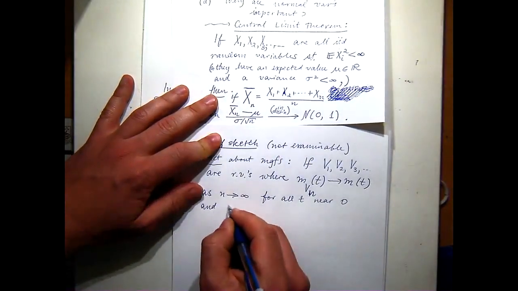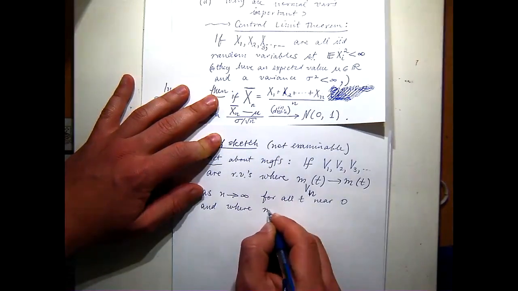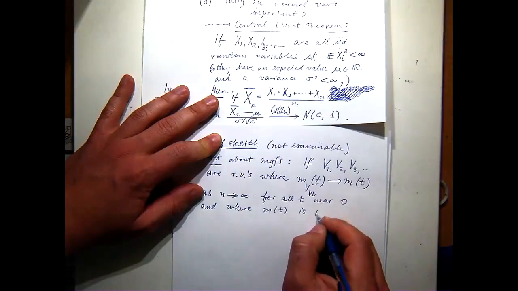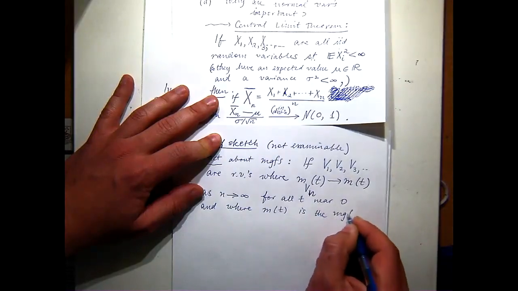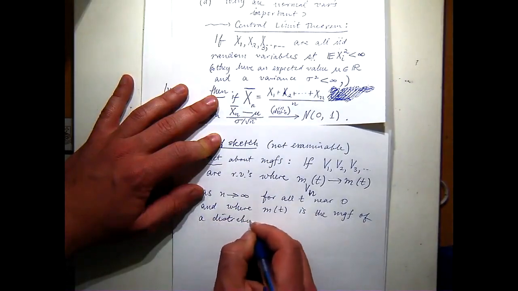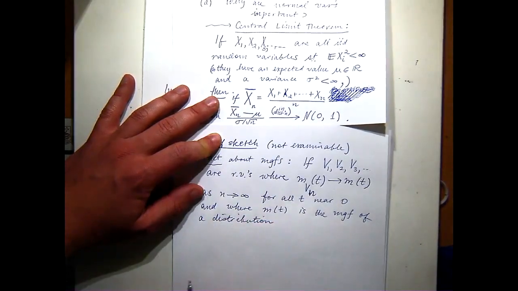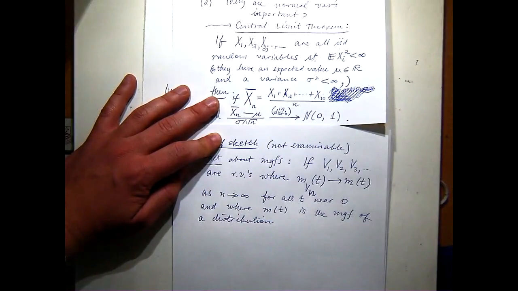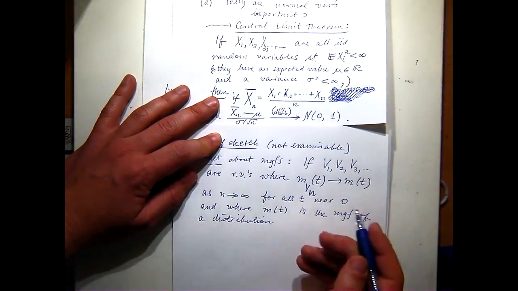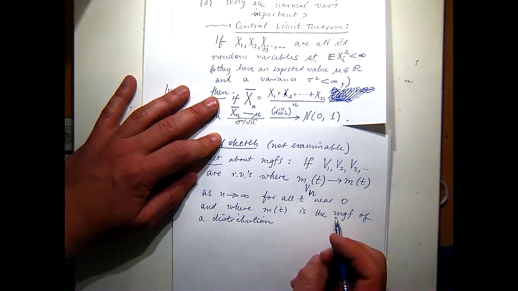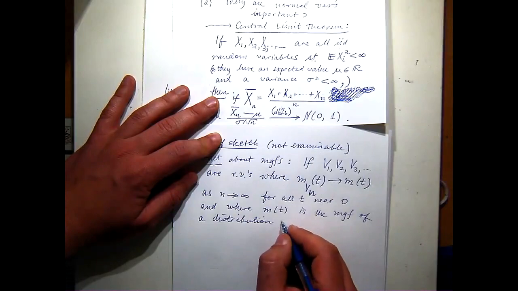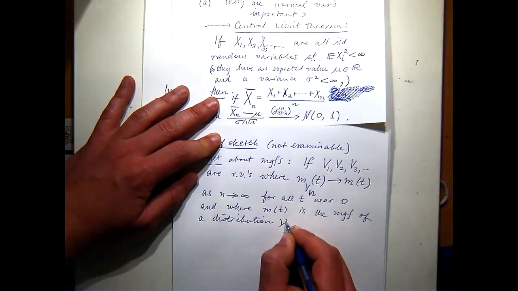And where m of t is the MGF of a distribution, what shall I call the distribution? We haven't really used notations for distributions much, so I'll just call it nu, some kind of Greek letter that we don't use very much.